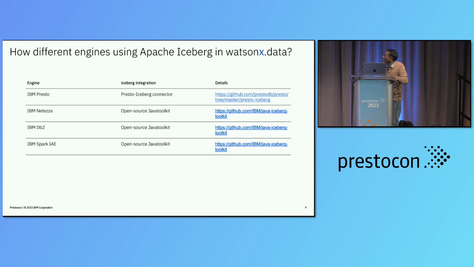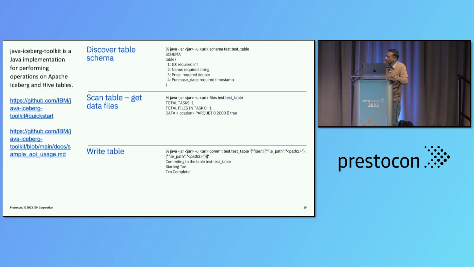I'll give details on what you can do. That's the Java Iceberg toolkit. It's a Java implementation of operations on Apache Iceberg and Hive tables. As shown, you can get the details of the table, schema, and data files. You can write tables and many other things.